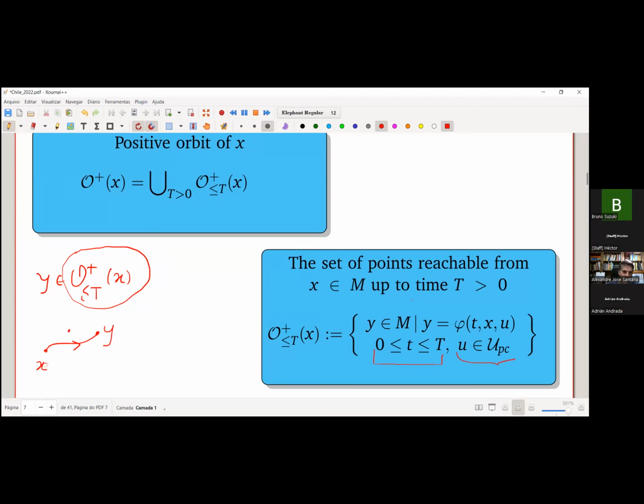Then, for example, we have here another point that we can reach, and here another point that we can reach. And the subset here is the points of M that we can reach from x.